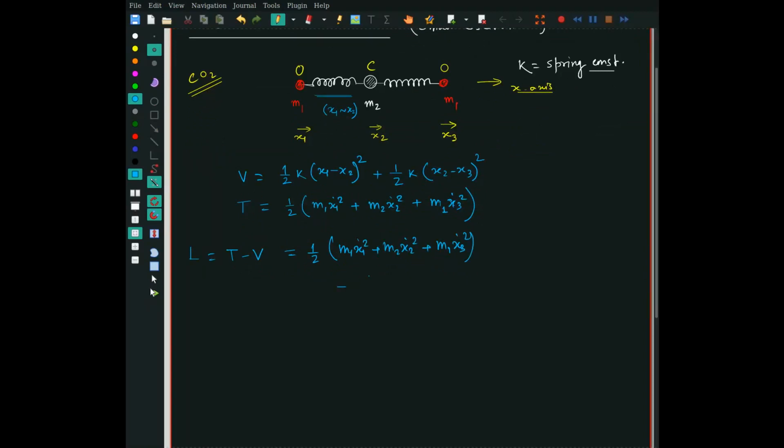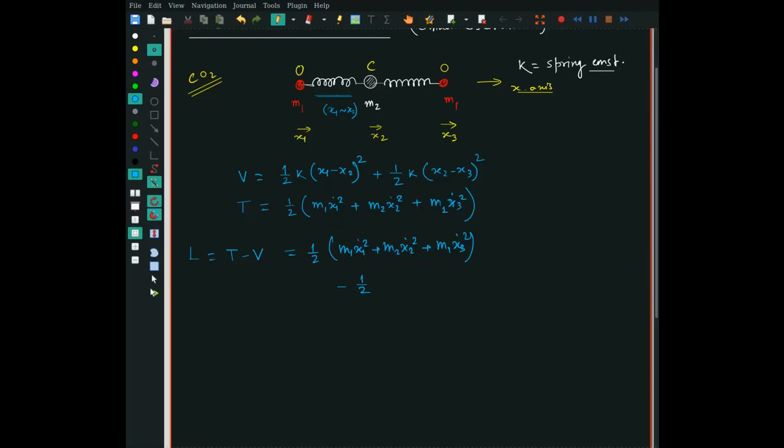Excuse me, sir. While writing the kinetic energy, we usually take the total time derivative of the generalized coordinate, right? And here x1, x2, x3 are displacements from their respective mean positions. Yes, these are still generalized coordinates. There is no constraint in this system.